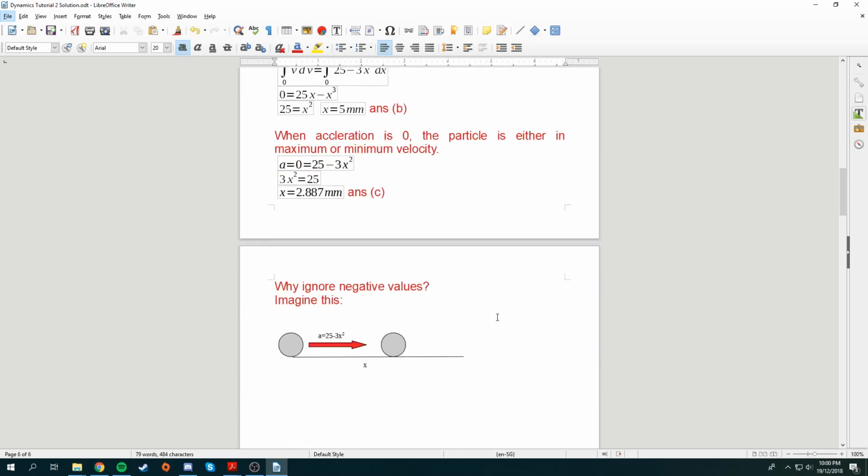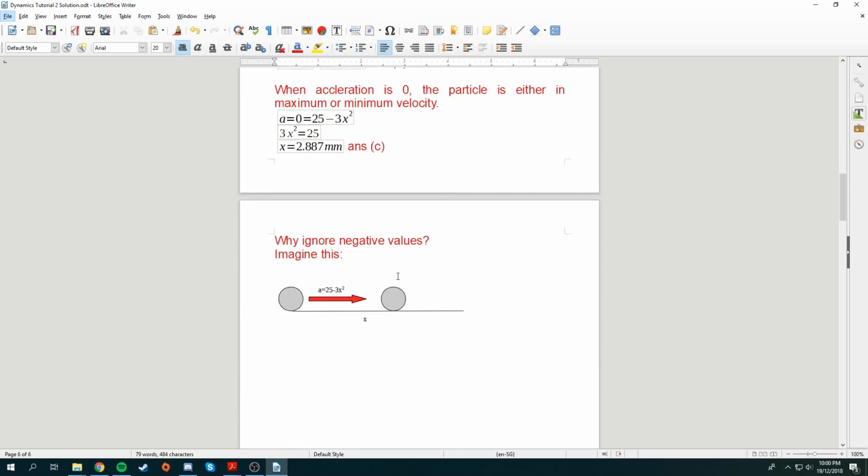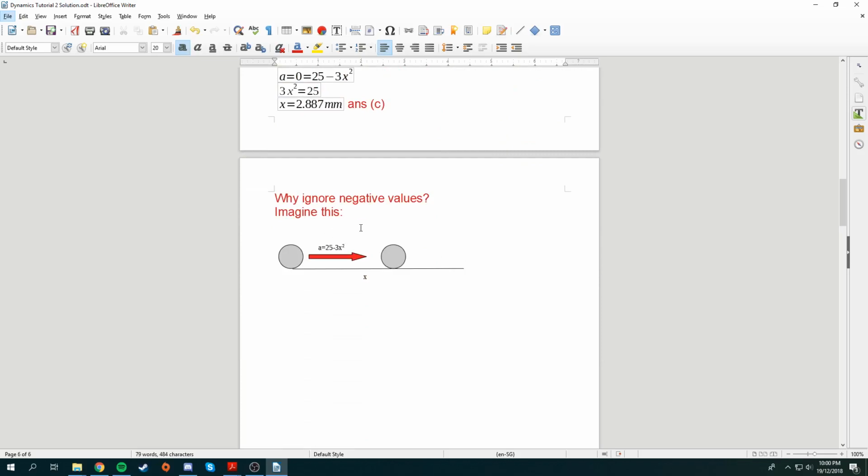Now why do we ignore the negative value? Let's imagine this. We know that the particle starts from x equals 0 and goes to a certain displacement. This is the equation of the acceleration, and when x equals 0, the acceleration is 25, so it has to go in the positive direction.